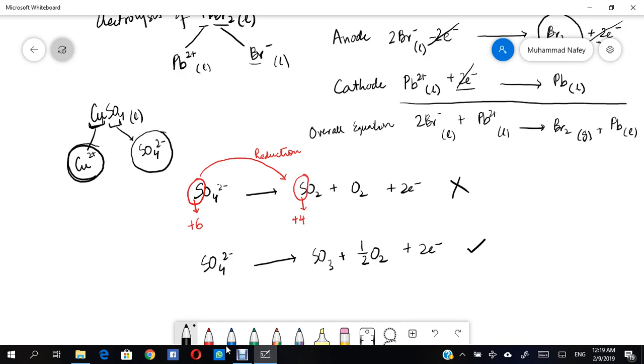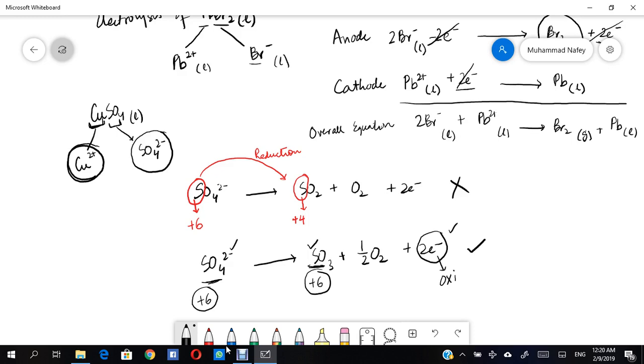In the sulfate ion, sulfur has an oxidation number of +6, and so is the case in sulfur trioxide. So there is no oxidation taking place between the sulfurs on both sides of the equation. However, oxidation is taking place because of this part. This part is oxidation, no oxidation on these ends. Therefore, when molten sulfates are electrolyzed, the product at the anode is sulfur trioxide and oxygen gas.